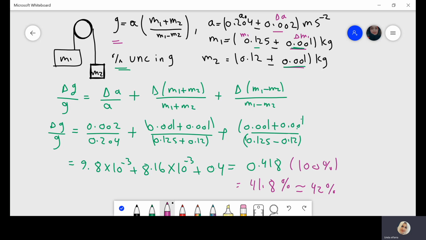The other part of the question asks me to find the absolute uncertainty. So I'll take this value here and keep it. I need to find the value of G, substitute in this equation, and find the absolute uncertainty. Let's do it together. I need to erase all of these first.